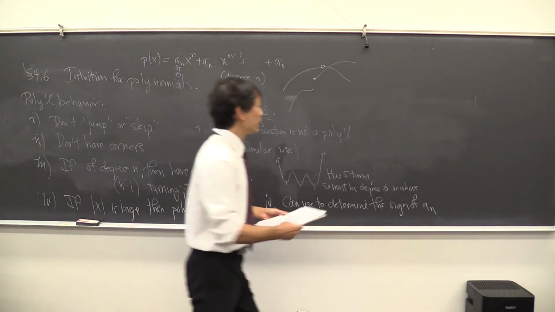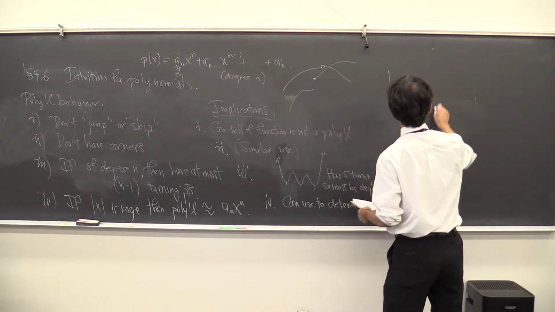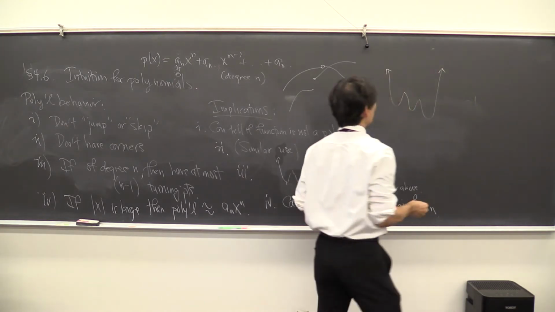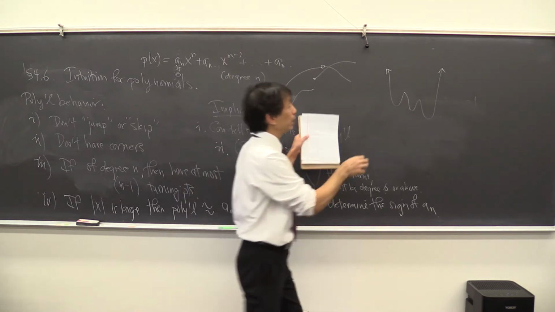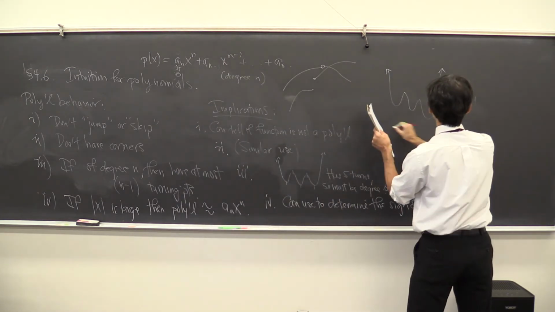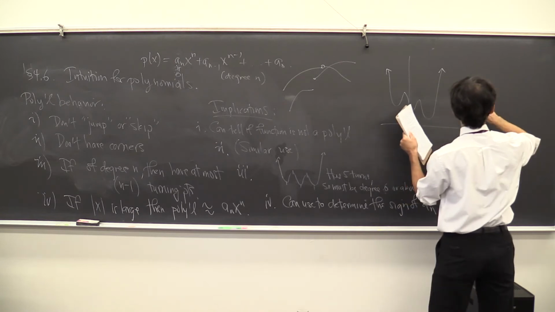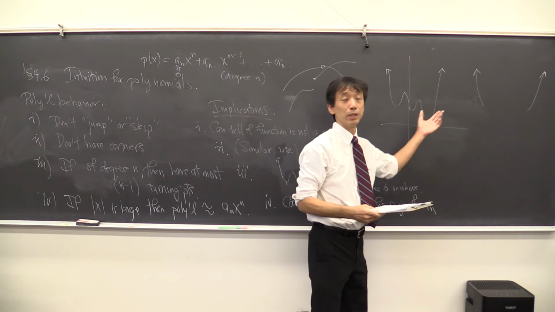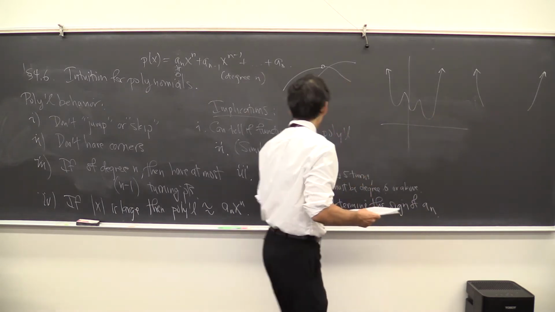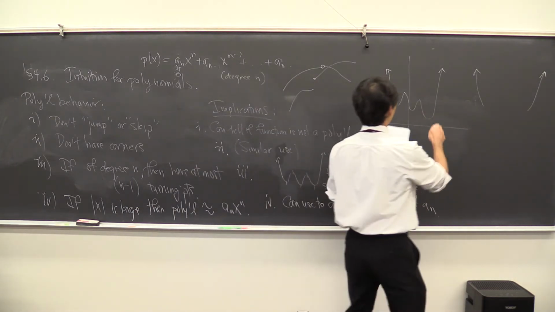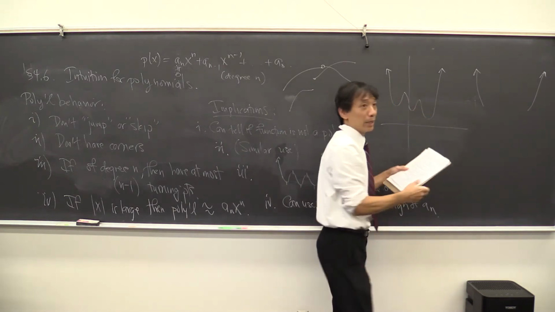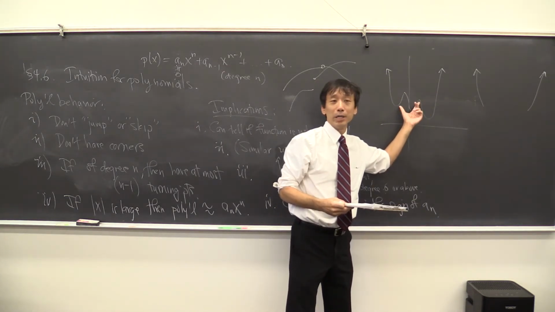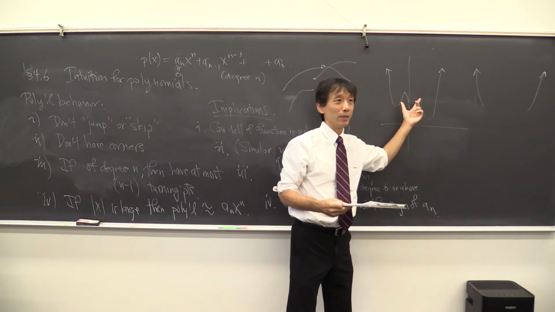So, for example, you've got this polynomial, and you see that far away from the origin it looks like this. First off, is this going to be an odd polynomial or an even polynomial?